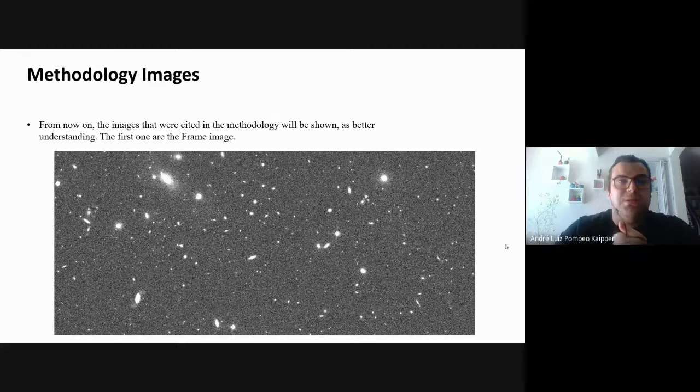That's why I need to do the cutout image, because I don't know which one of these objects is the BCG. So I apply the extractor to find the BCG, then cut out the image for better computational processing.